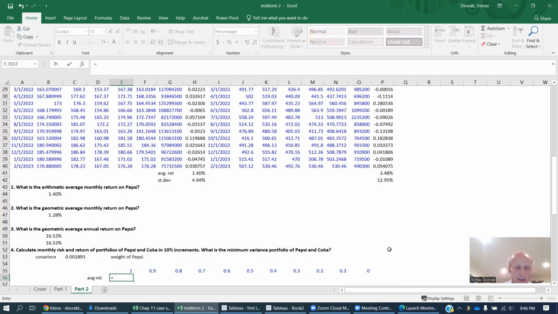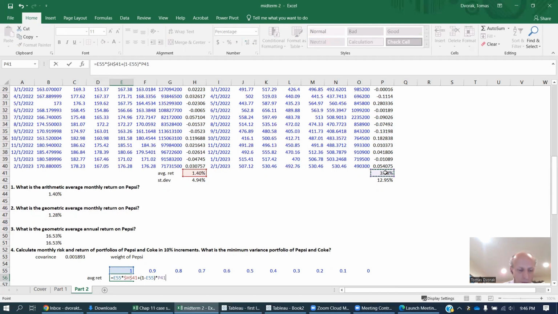The average return is going to be the weight of Pepsi times the return on Pepsi, plus 1 minus the weight on Pepsi times the return on Coke, which is here.